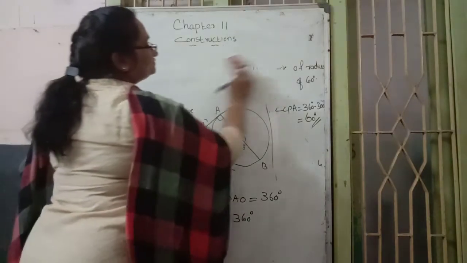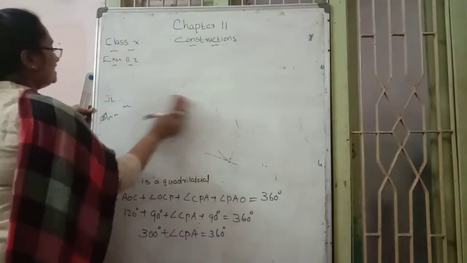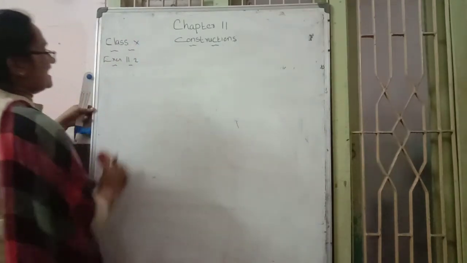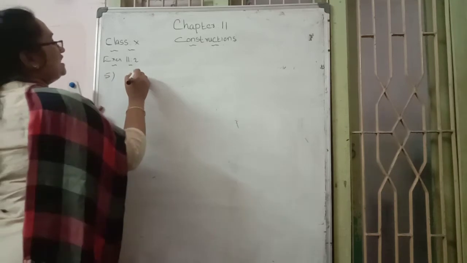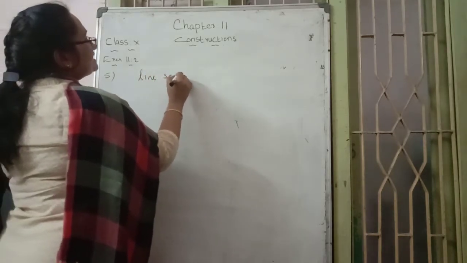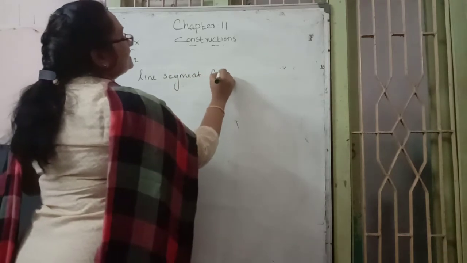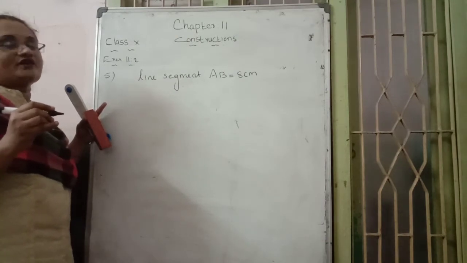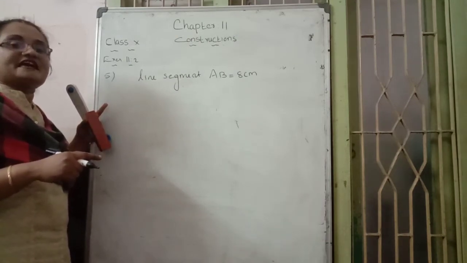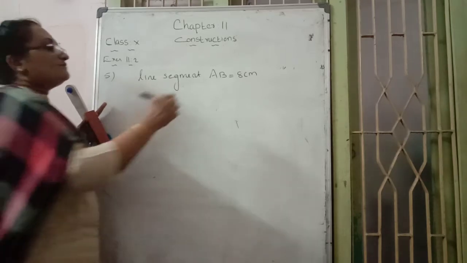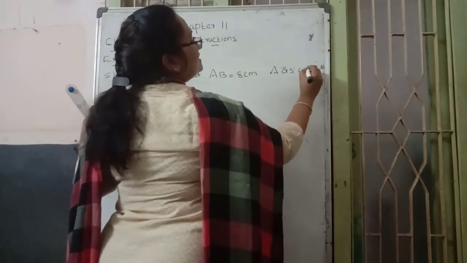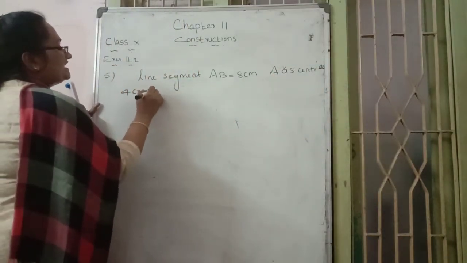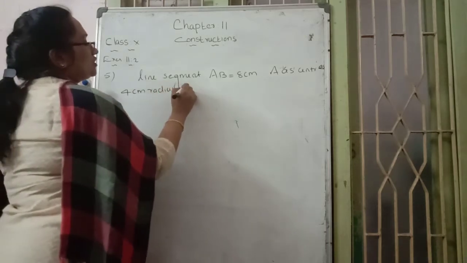Next, the fifth question. The fifth question tells us to draw a line segment. The name given is AB. AB is equal to 8 centimeters, a line segment to draw. Afterwards they say take A as center, with a 4 centimeter radius, and draw a circle.